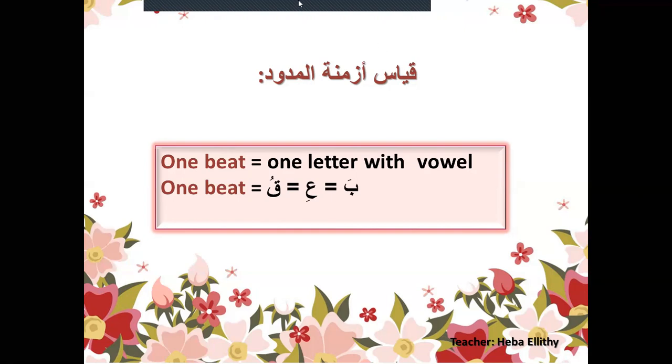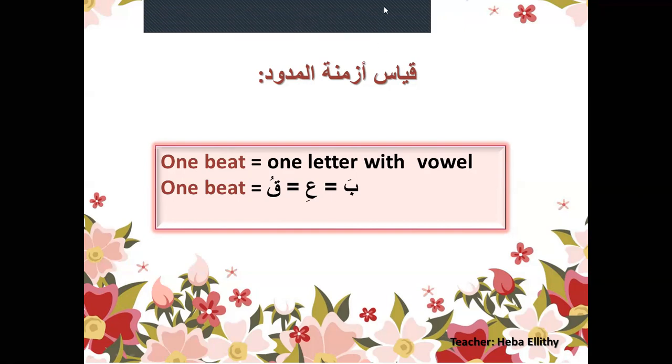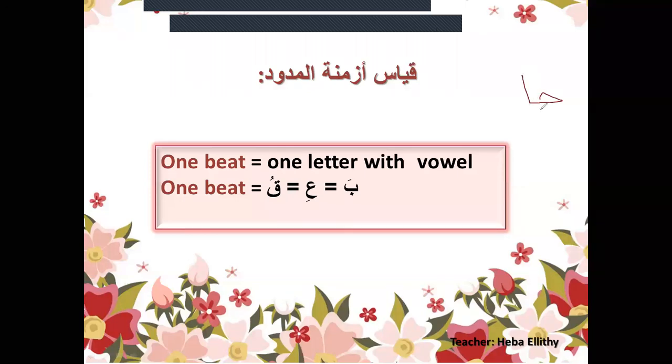That means if I ask you to read the word jaa, for example, with 4 beats, how can I read it? I will say this alif in this case is 4 beats.